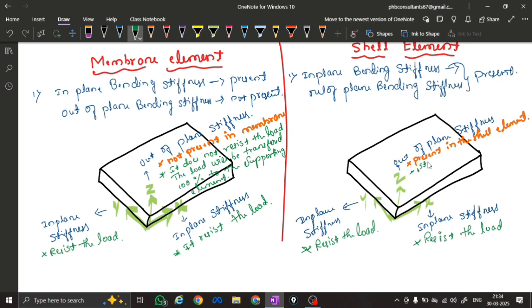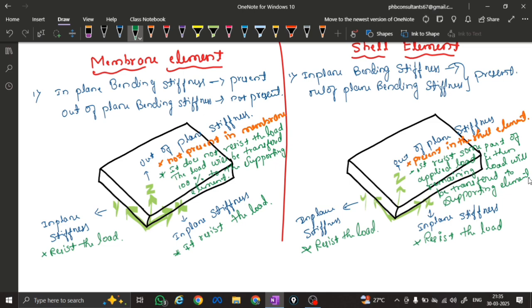But first it resists some part of applied load, and then the remaining load will be transferred to supporting element.